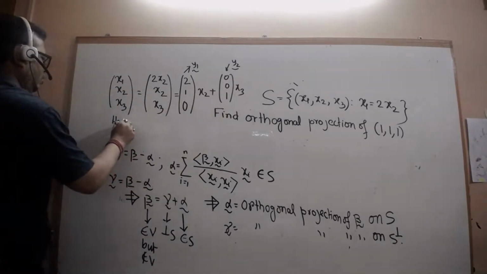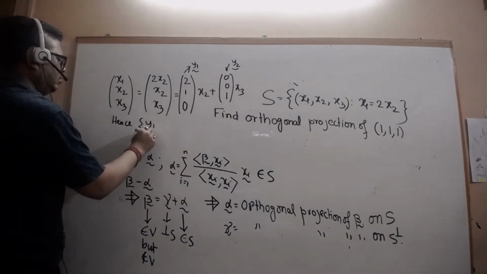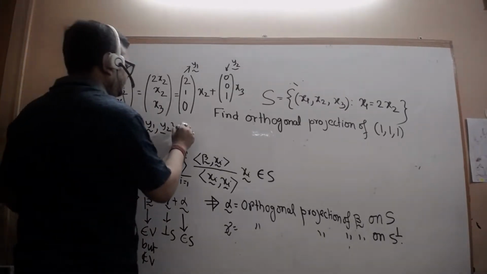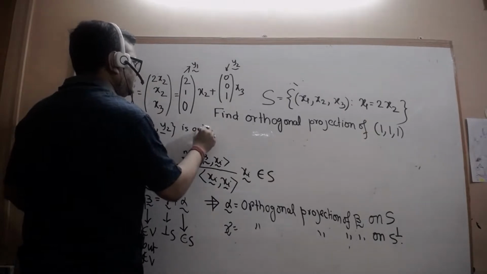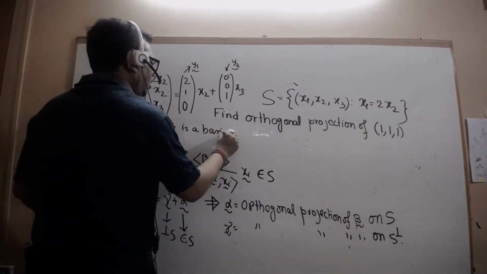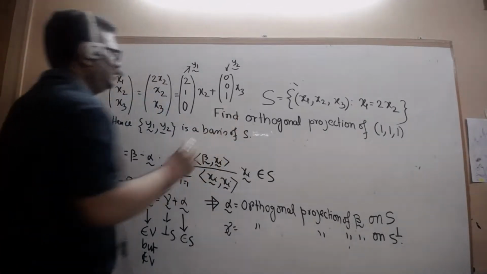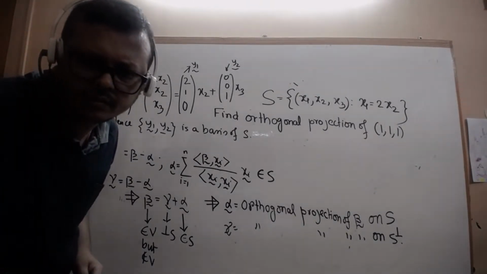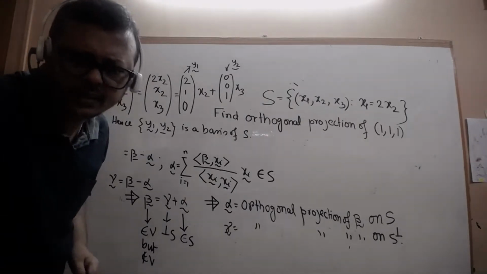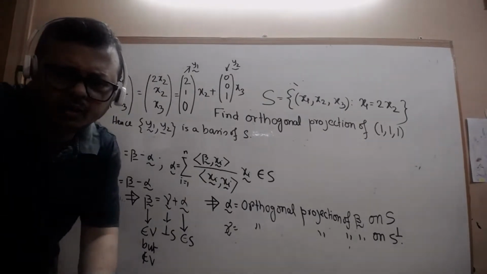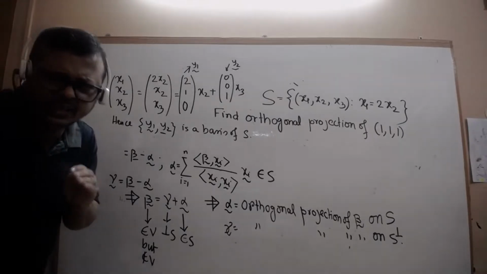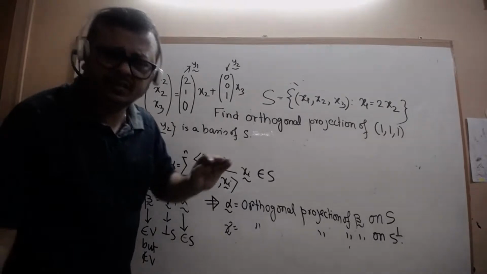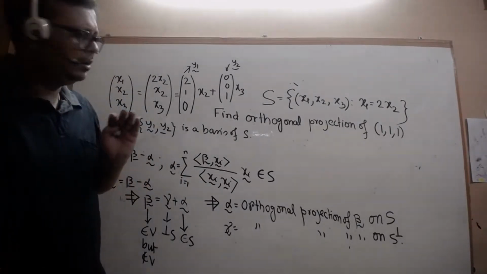So y1 curve, y2 curve forms a basis of S. Agree? Yes, follow me. Because x1 equal to 2x2, this is the restriction. For these reasons, S is a subset of R cube.